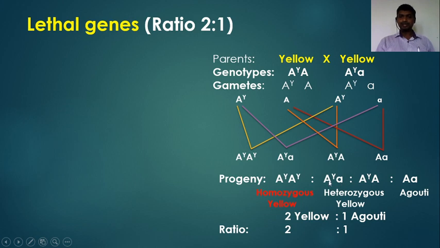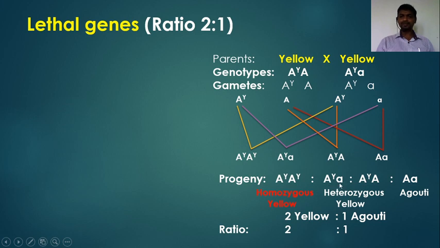Here yellow is dominant over both agouti and black. So if the AY allele is present in the genotype, the phenotype is obviously yellow. Here is also yellow, here is also yellow, but it is heterozygous because both alleles are not the same.